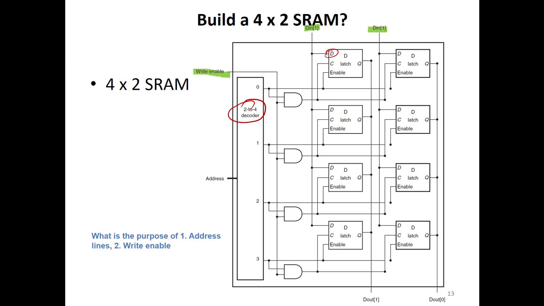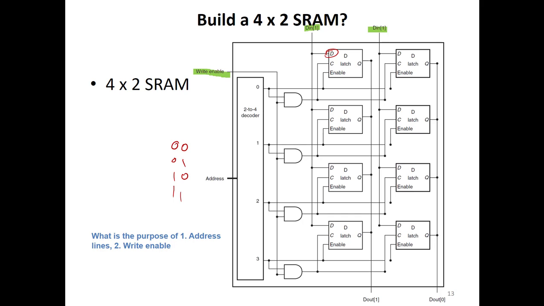We have a 2 to 4 decoder. And with that 2 to 4 decoder, he's going to accept two inputs, such as 0 0, 0 1, 1 0, or 1 1. Those are the four possible inputs.